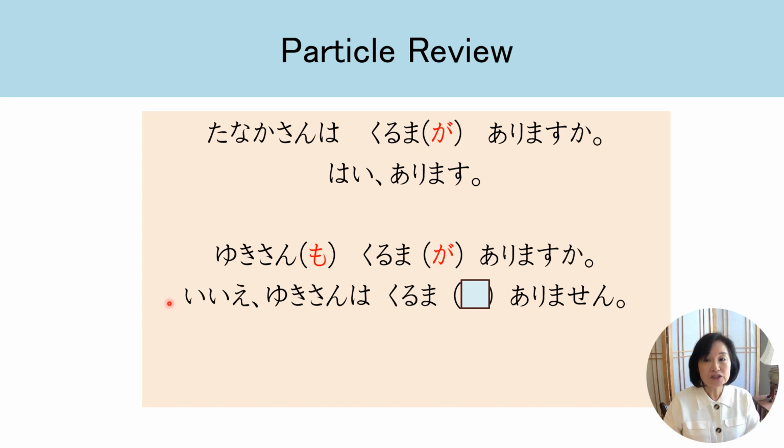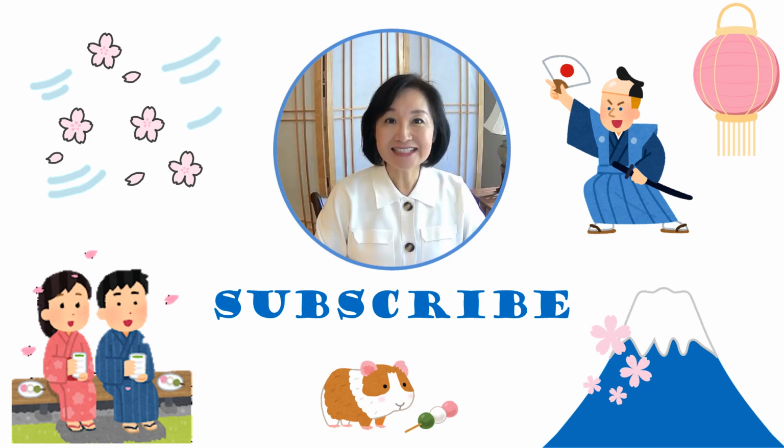And the answer is no. Yuki doesn't have a car. How do you say that? ゆきさんは車がありません。いいですね。In today's lesson, we learned a new type of verbs to show existence instead of action.